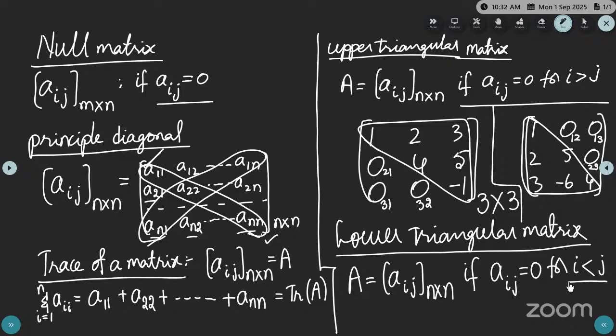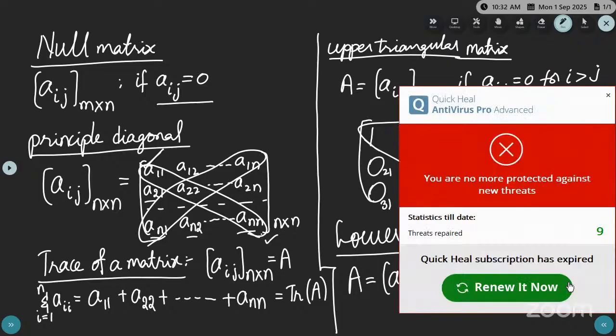What is a triangular matrix? Either upper or lower. Write down. Triangular matrix.